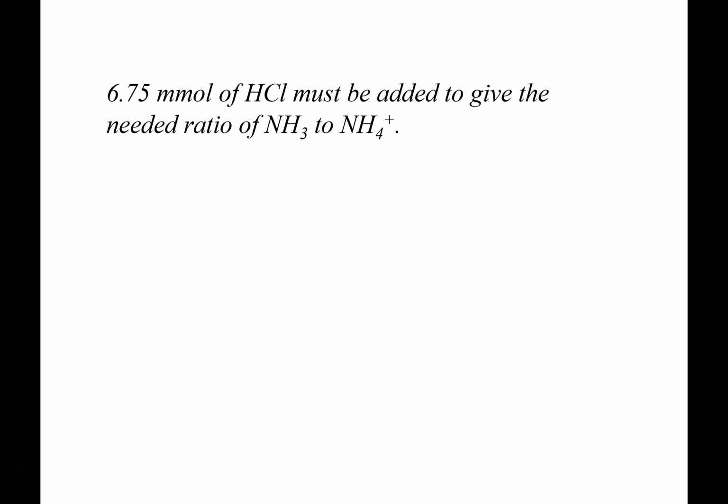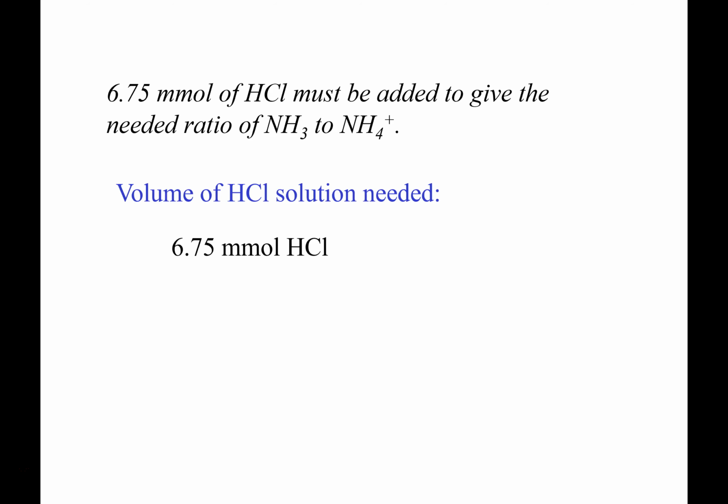All right. So we need to backtrack from those millimoles and get to the volume of HCl, given that molarity. So if our target is 6.75 millimoles, we're going to use the molarity here. Stick with the whole idea of millimoles, so that would be 1 milliliter of solution over 0.0883 millimoles of HCl.